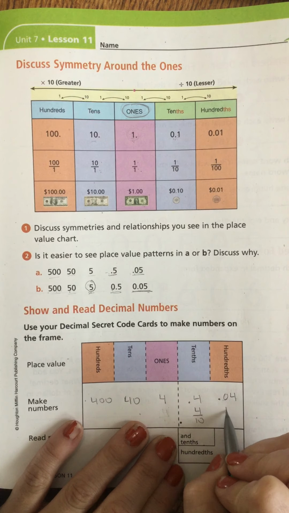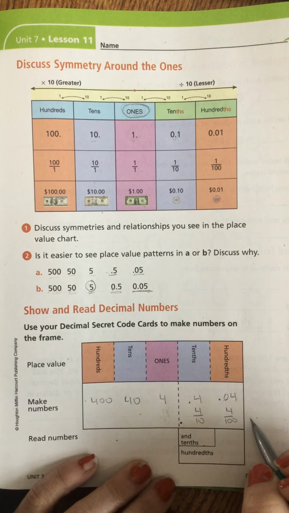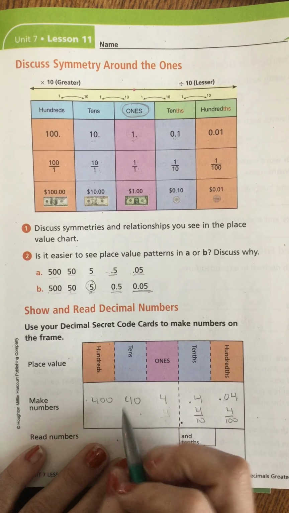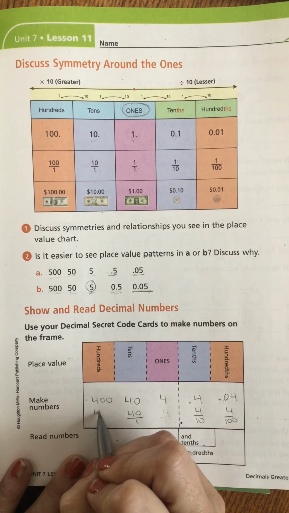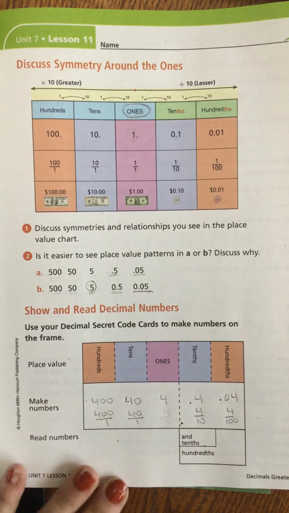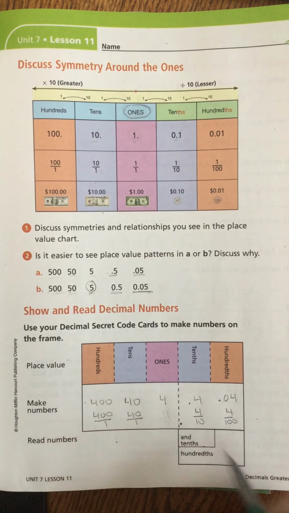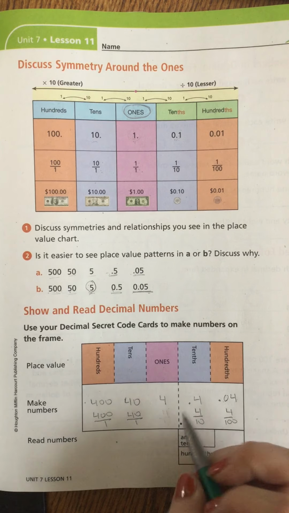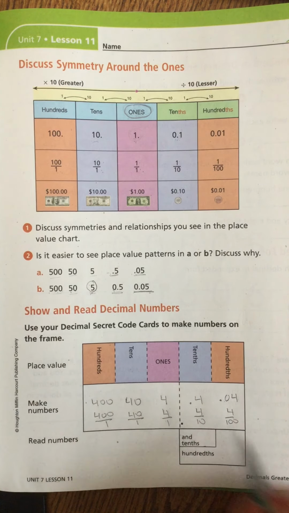And 400ths, I'd write 4 over 100. And over here, it would just be 40 over 1 and 400 over 1, because 1 goes into 40 40 times. You're trying to get that whole number. So sorry, this would be 4 over 1, because 1 goes into 4 4 times.